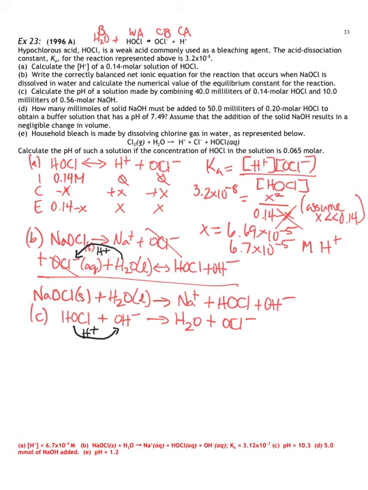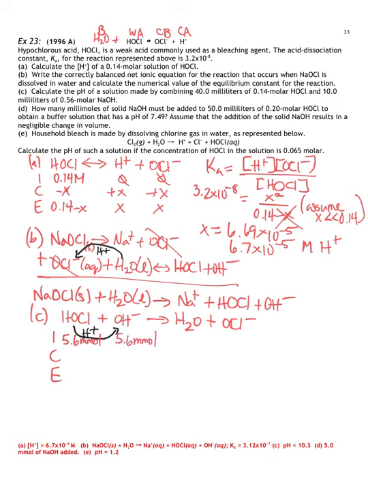And that allows me to set up my ICE table. So the millimoles I have for the weak acid is 5.6 millimoles. The millimoles that I have of the sodium hydroxide is 5.6 millimoles as well.